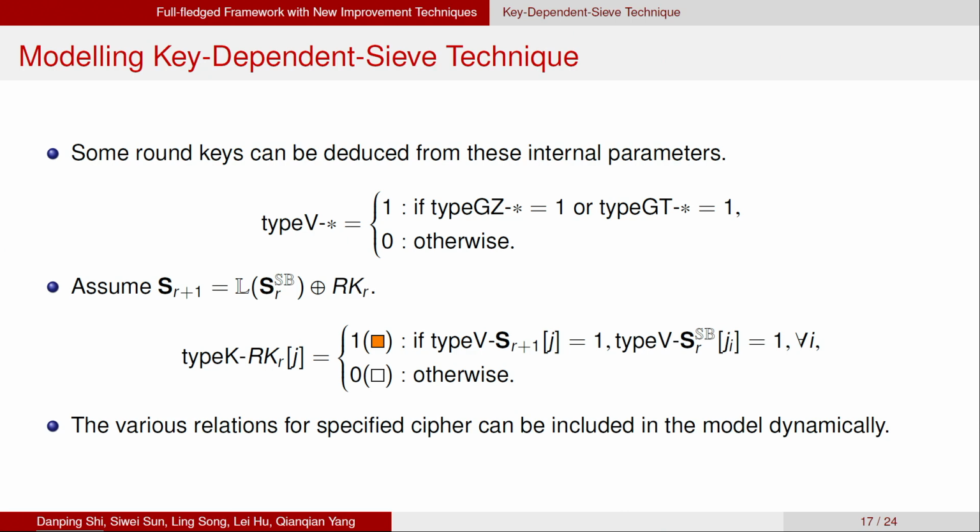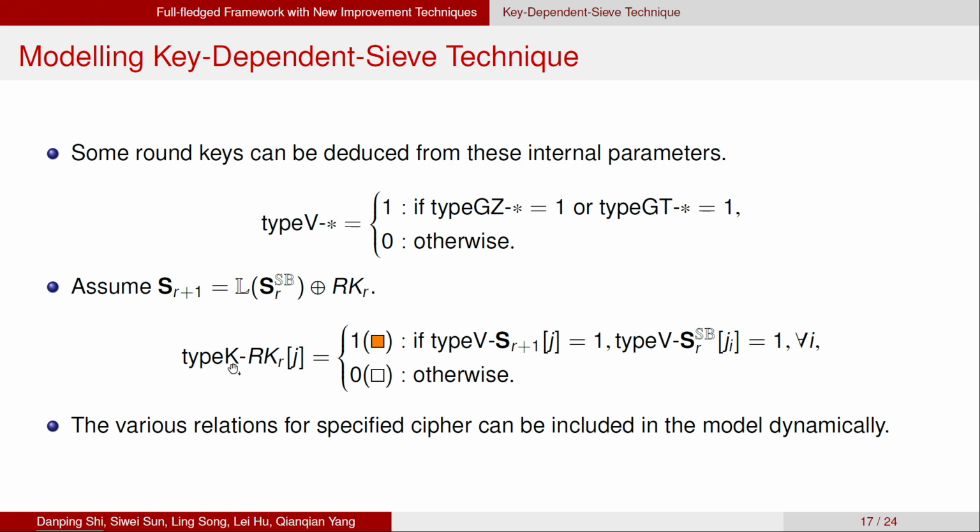Some round keys can be deduced from these internal parameters. In order to uniformly describe the internal parameters, the type GZ and type GT variables are unified by a new type of V variables.